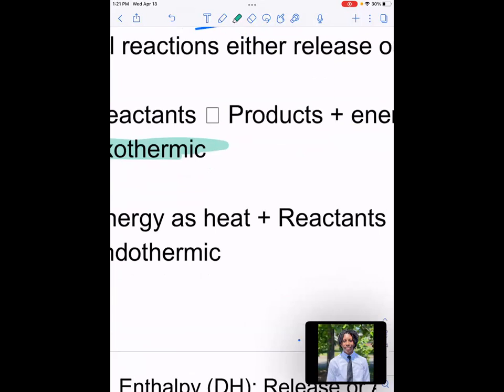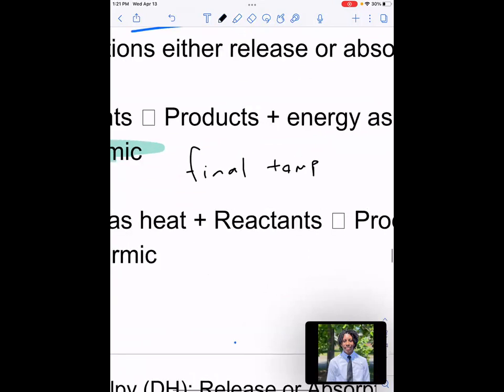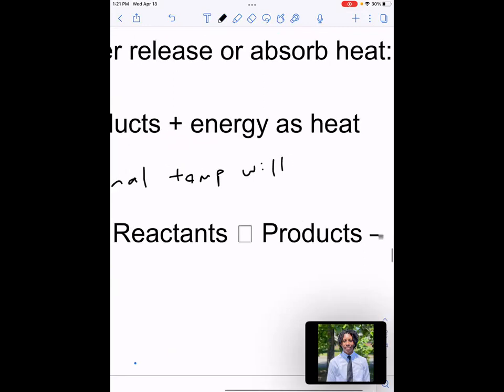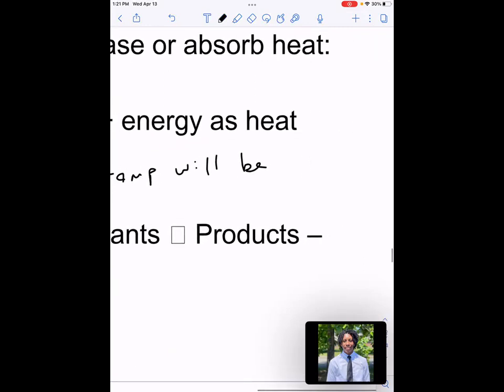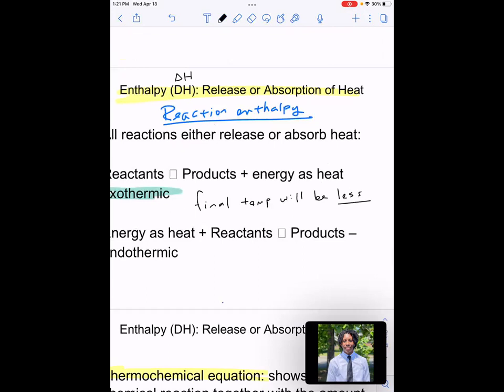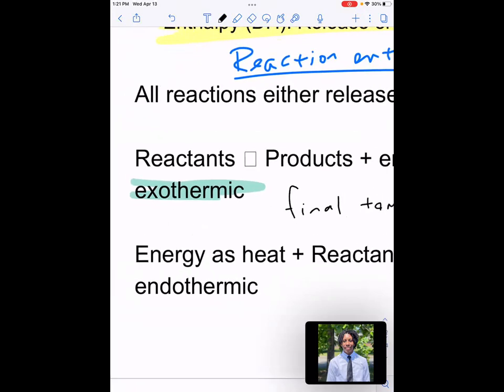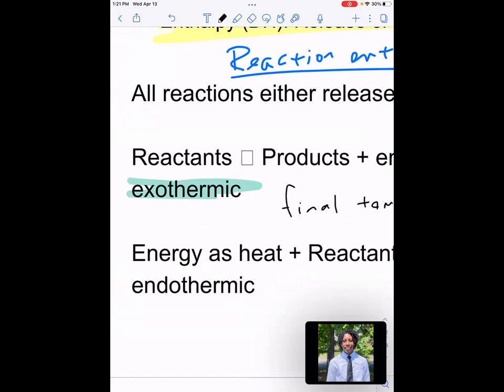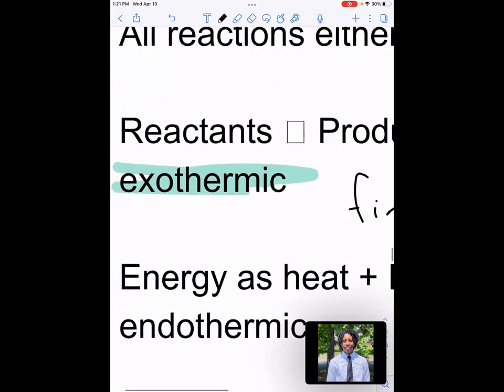This means that your final temperature will be less than the initial, right? When you have something that's exothermic and releases heat, it might start out hot, but then it's going to cool off. That's how you indicate release of heat, when the temperature drops. And so this is going to have a delta H that is negative.